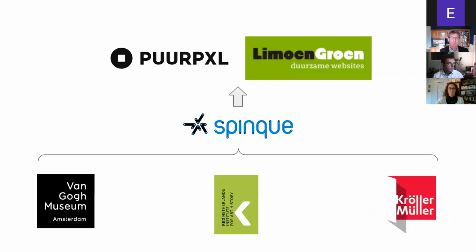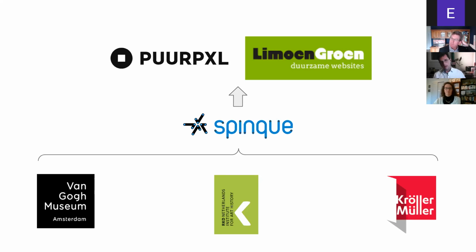So the consortium hired 3 companies combining efforts to create the website, and Spinque was the centerpiece in this, where they created the search engine. And they're specialists in linked data, so they know what they're doing in that sense.